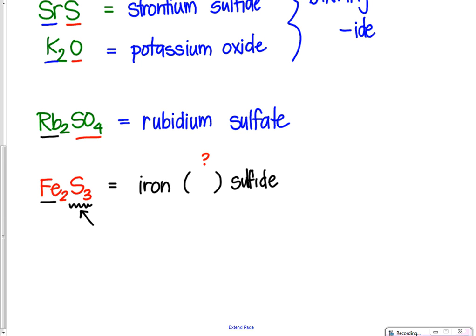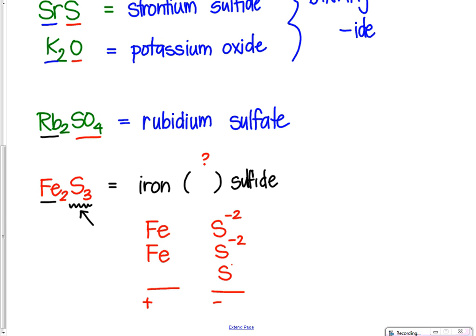I don't know what it is just by looking at the formula. So my advice to you guys is draw what you see in the formula. We know we have 2 Fe's in this formula. We know we have 3 S's in this formula. And we know that the total positive charge has to equal the total negative charge. Now we do know the charge on sulfur. Looking at the column that it lives in on the periodic table, we know that it's a -2.